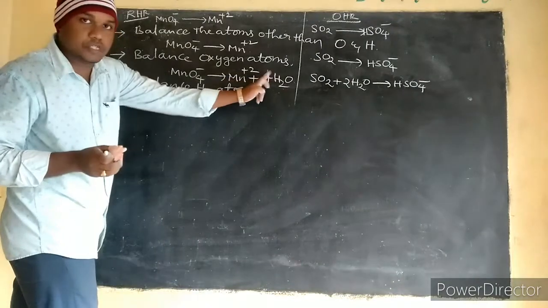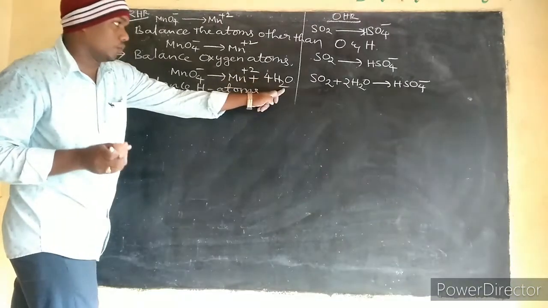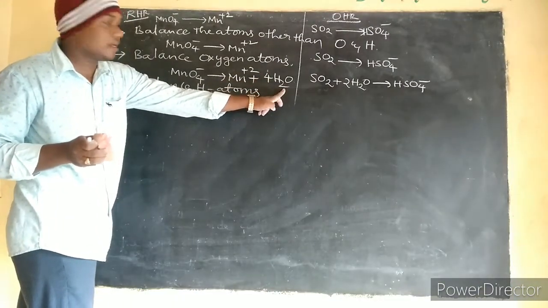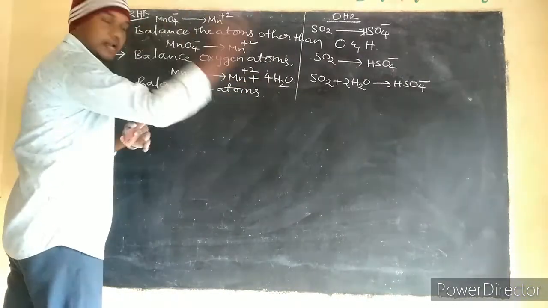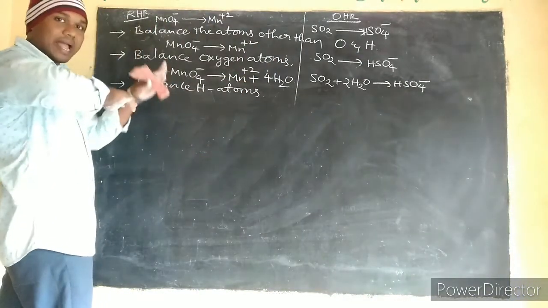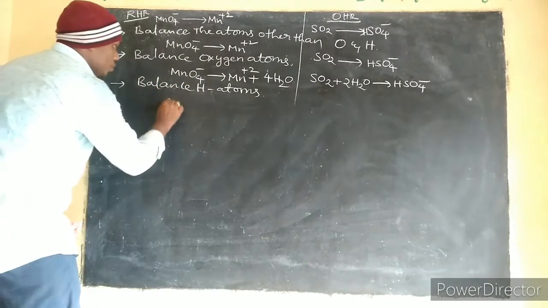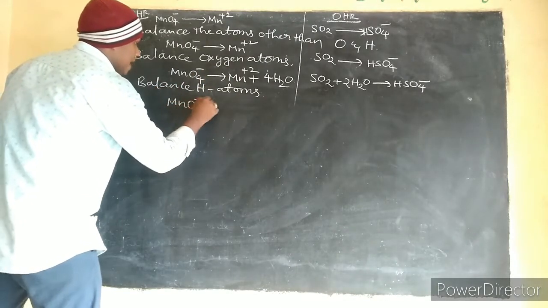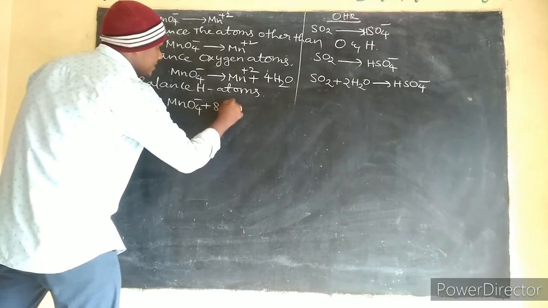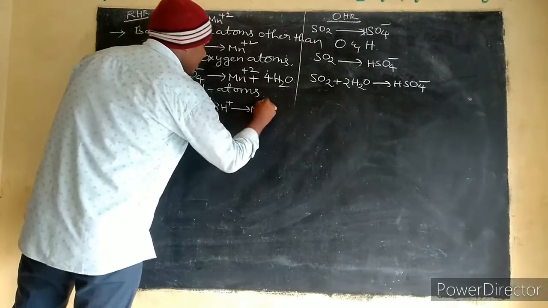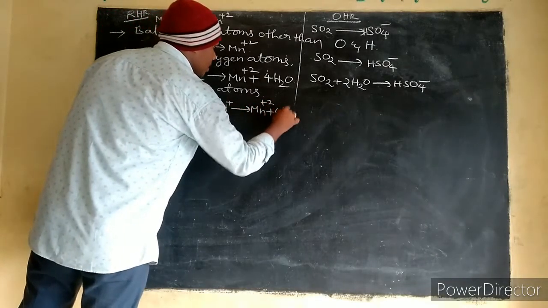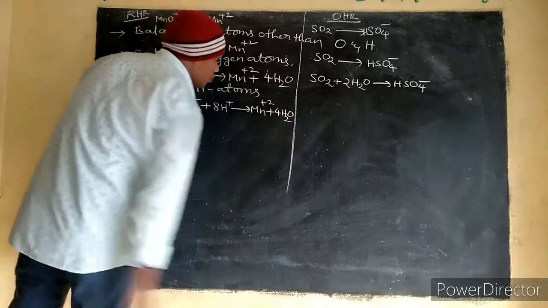Here, how many hydrogen atoms are there? 4 into 2, totally 8 hydrogens are present on the right side. Now we have to add 8 H plus ions at the deficient site, meaning this side. So MnO4 minus plus 8 H plus goes to Mn2+ plus 4 H2O.